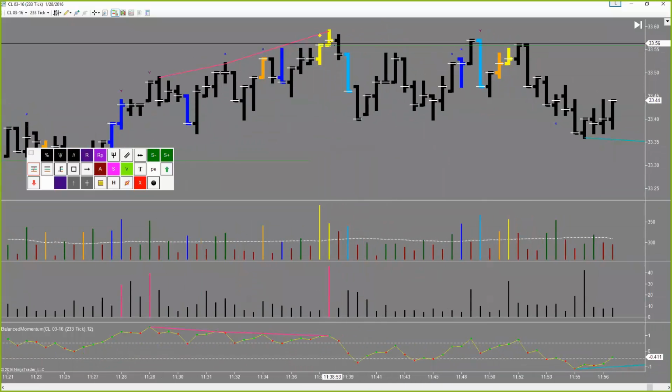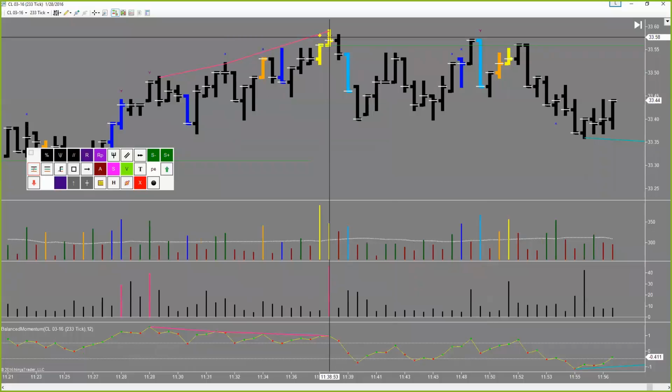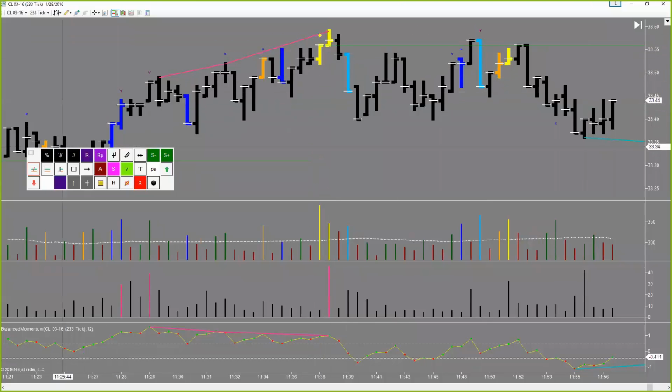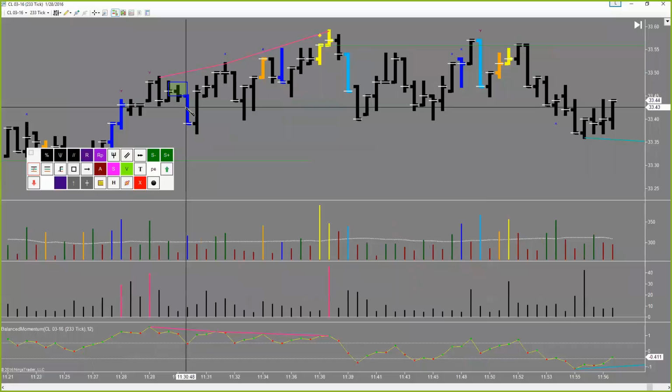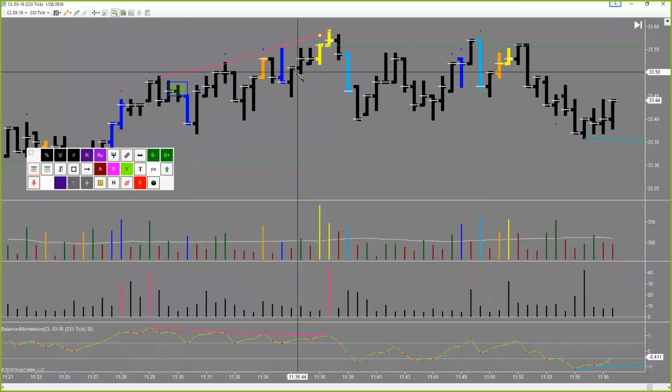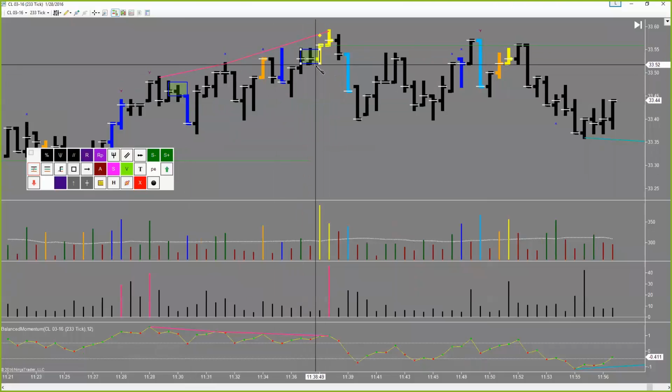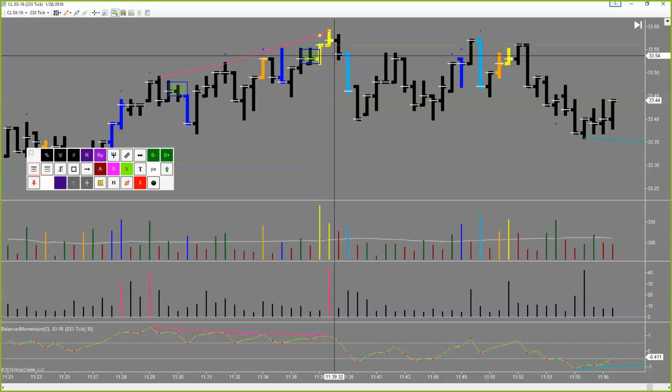This is a churn bar, but it's also a narrow range bar. It has a narrower range than the previous probably 15 or 16 bars, maybe the same exact range as that bar. But it's a very narrow range, but it's very high volume, so that's why it's a churn bar.